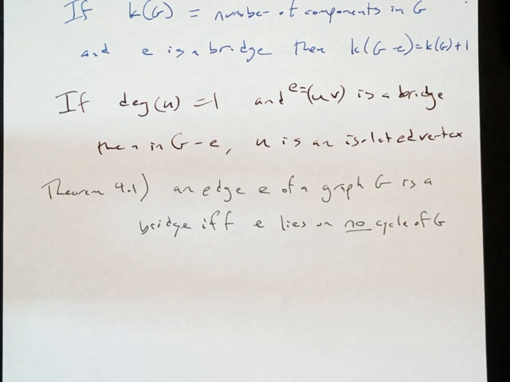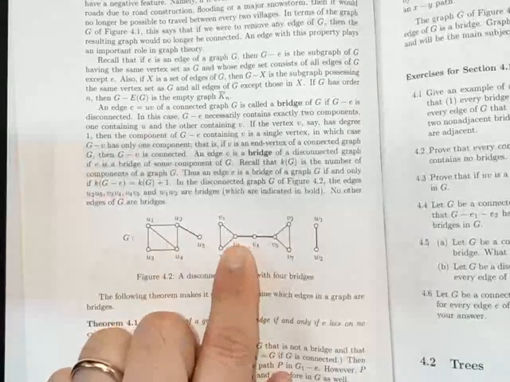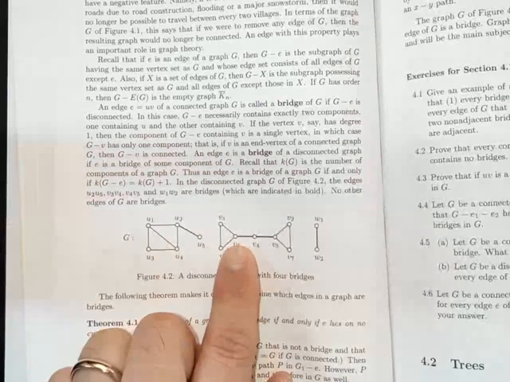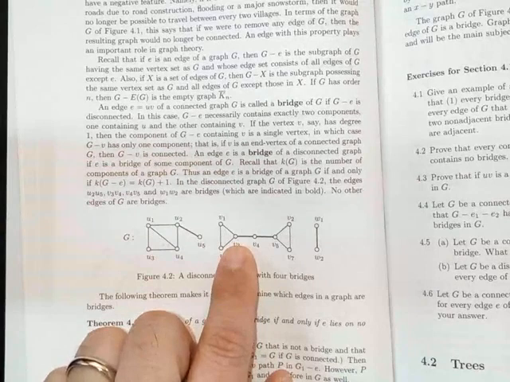If my edge is part of a cycle, then its degree has to be at least 2. That vertex has degree 3, but there's still a bridge incident to it.